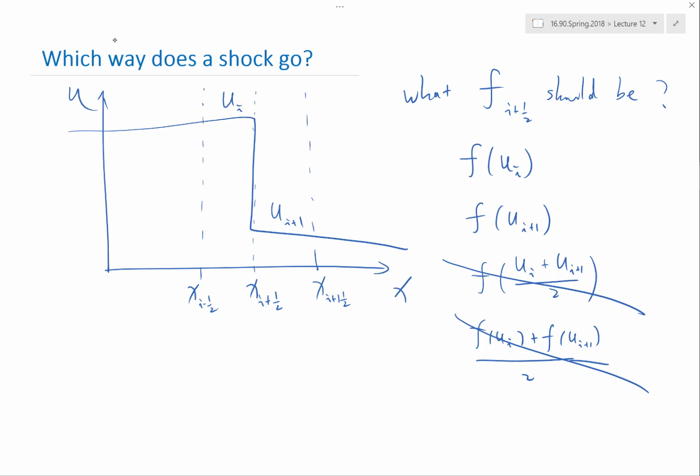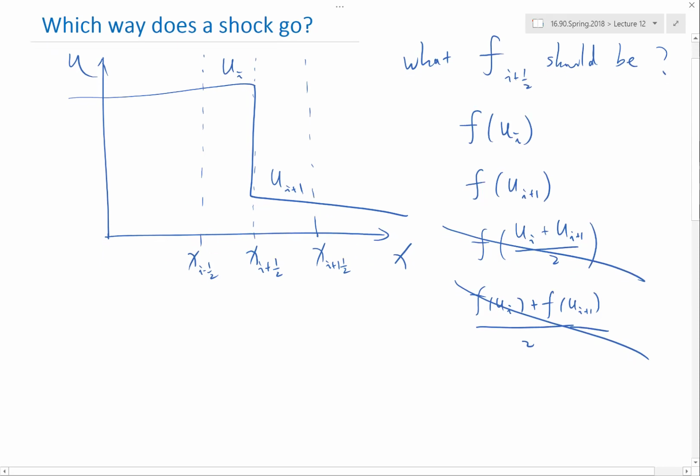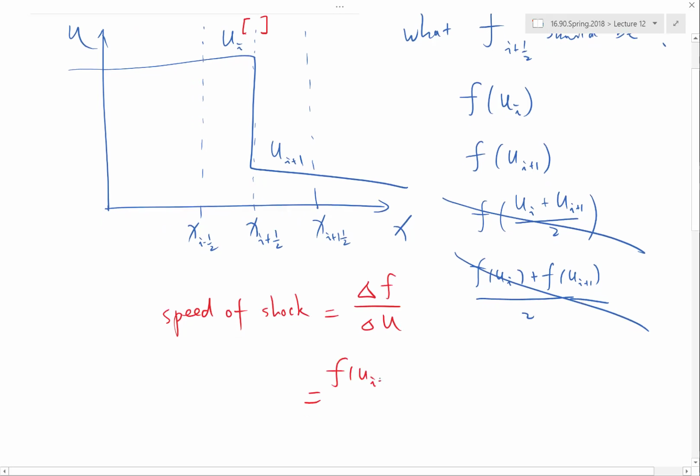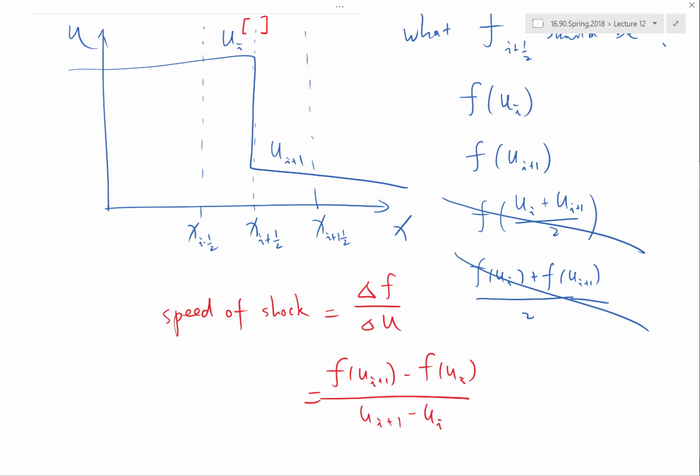You can do a control volume analysis within a very small volume encompassing the shock wave, and you can figure out that the speed of the shock is equal to delta f over delta u. Delta f is f of u_i plus 1 minus f of u_i, divided by u_i plus 1 minus u_i. This is the speed of the shock. It's a generalization of df/du.